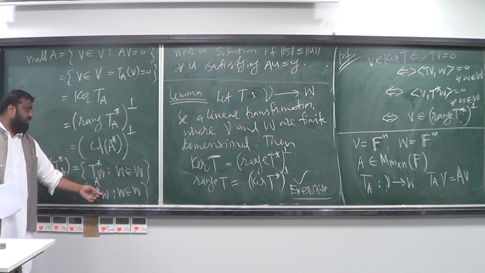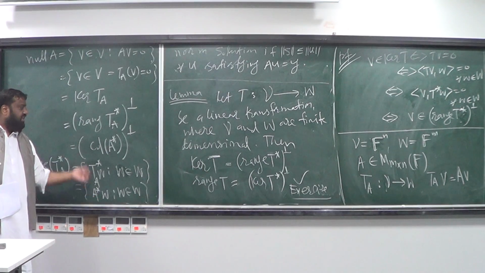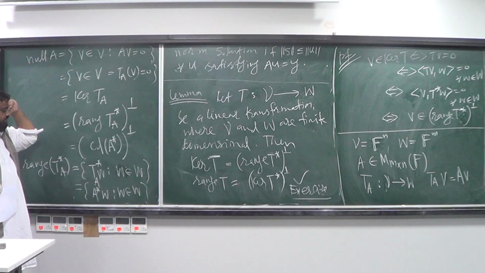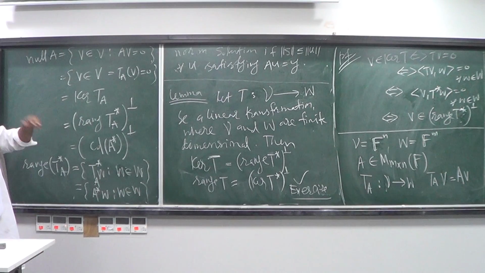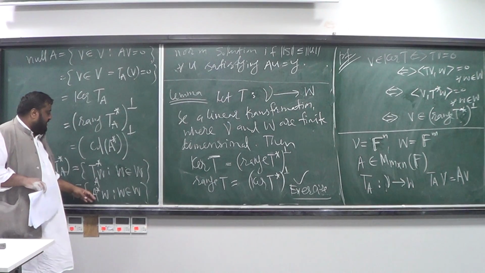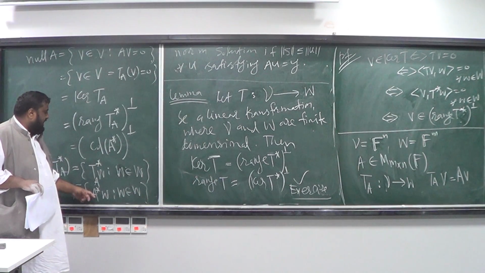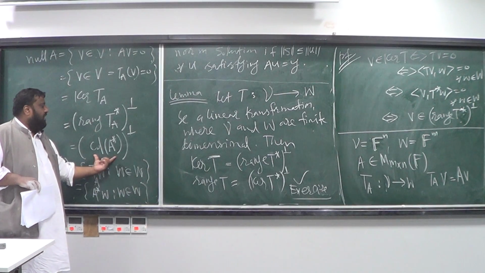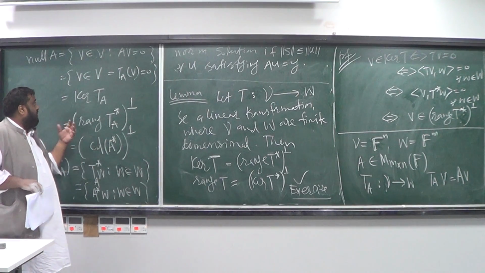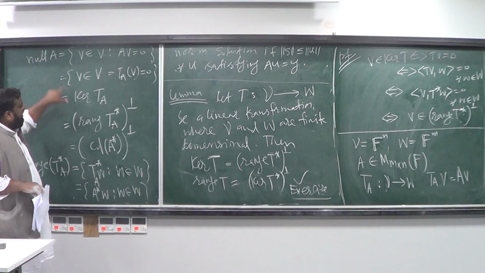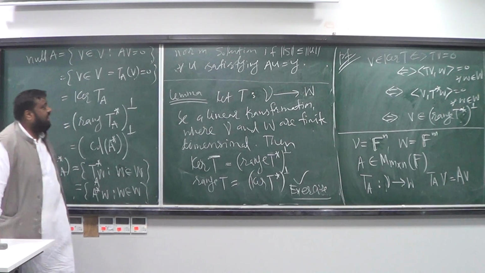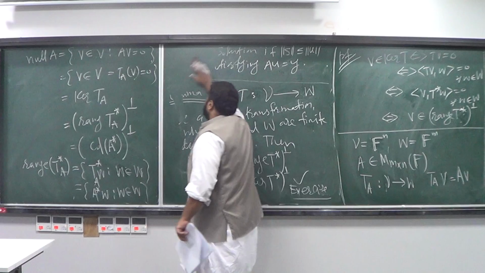So A star w is a vector in V, and you can show actually that this is equal to the column space of A star. So hence the null space of A is equal to the perp of the column space of A star.